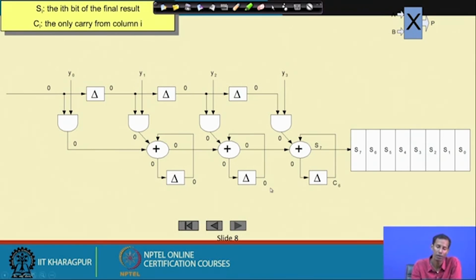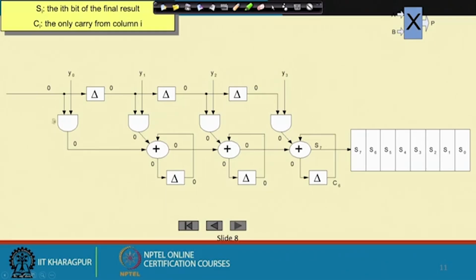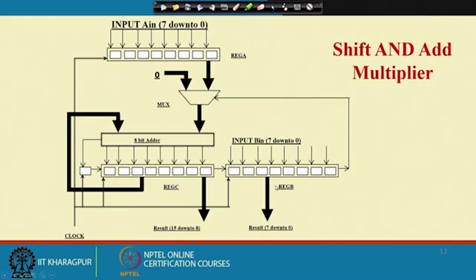This is the combination of serial as well as parallel. I am computing the partial products in parallel, then I am doing the addition in a serial manner. That is why this is serial combined with parallel operation.